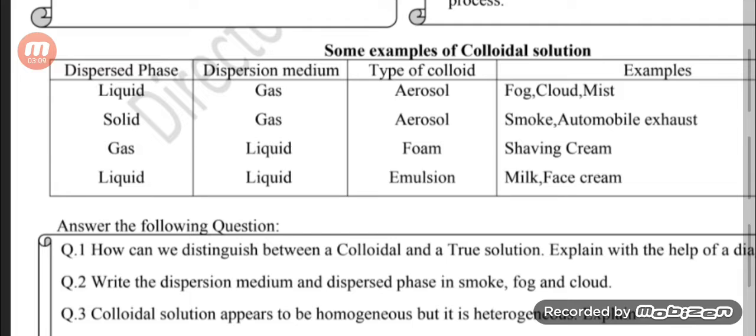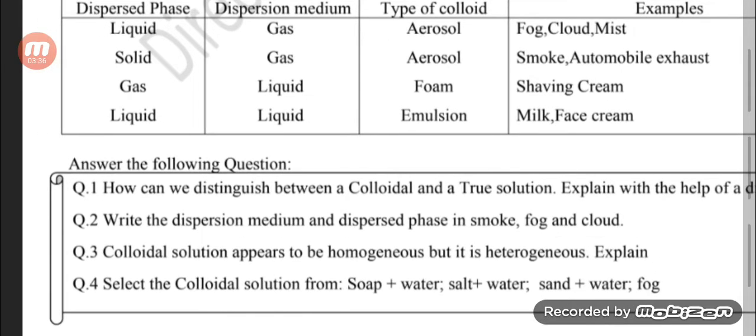For example, the first is fog. Fog is a type of aerosol, and in this a liquid is dispersed in a gas dispersion medium. For example, shaving cream is a type of foam, and in this a gas is dispersed in a liquid dispersion medium. And milk is an emulsion, a liquid dispersed in a liquid medium.